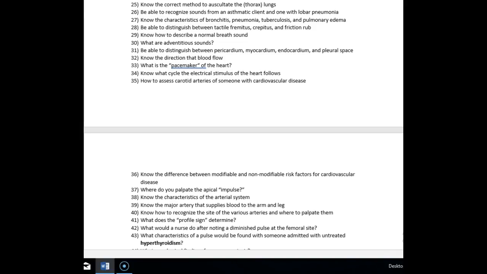People with pulmonary edema are short of breath. They may even have a barrel chest, because it's probably associated with long-term COPD and that type of thing.